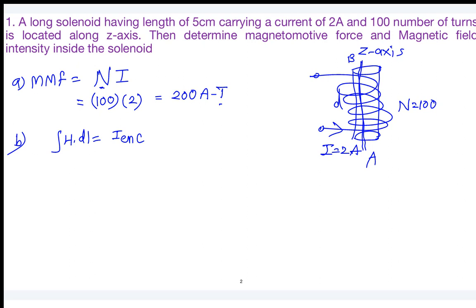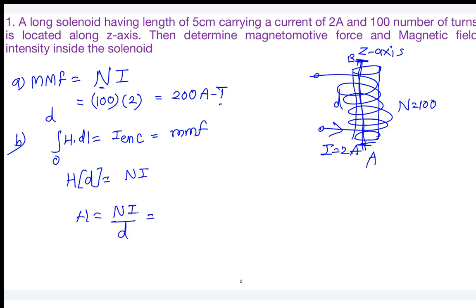Integrating from 0 to D, where D is the length of the solenoid, and the total enclosed current is nothing but your MMF itself, N into I. So what you are going to get, H into D is equal to NI. So magnetic field intensity H is equal to NI by D.